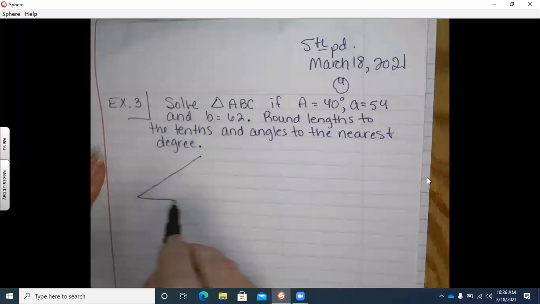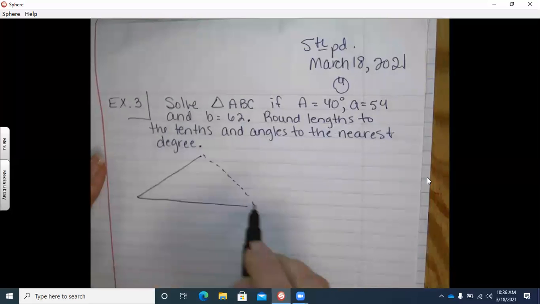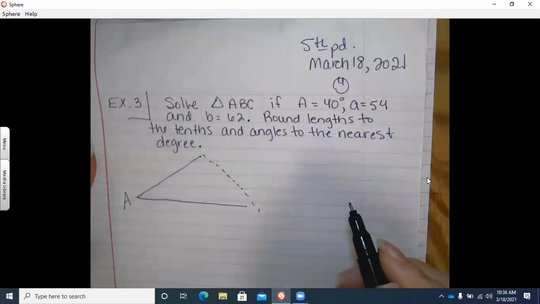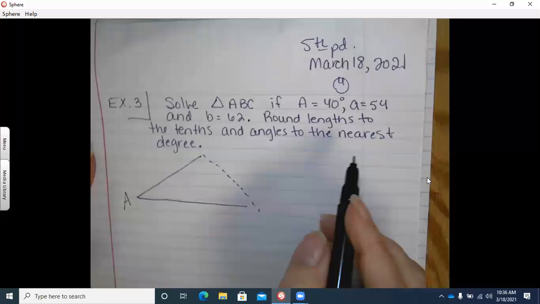So remember, this is a side angle, so I don't really know about that third side, so I just draw a dashed edge.